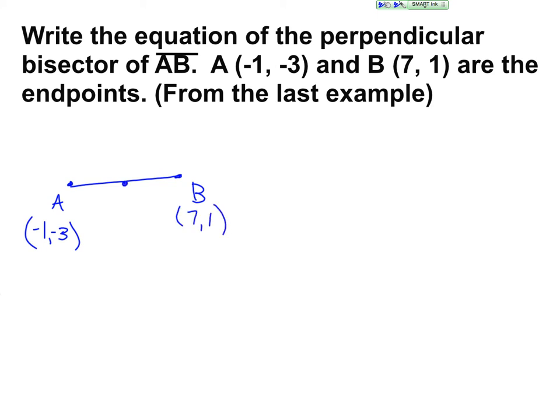What point do I want my perpendicular bisector to go through? Yeah, the midpoint. How do you find a midpoint? All eyes go over there. Midpoint formula, is that second one down? Okay, so we have to find the midpoint first. Find the midpoint of AB.